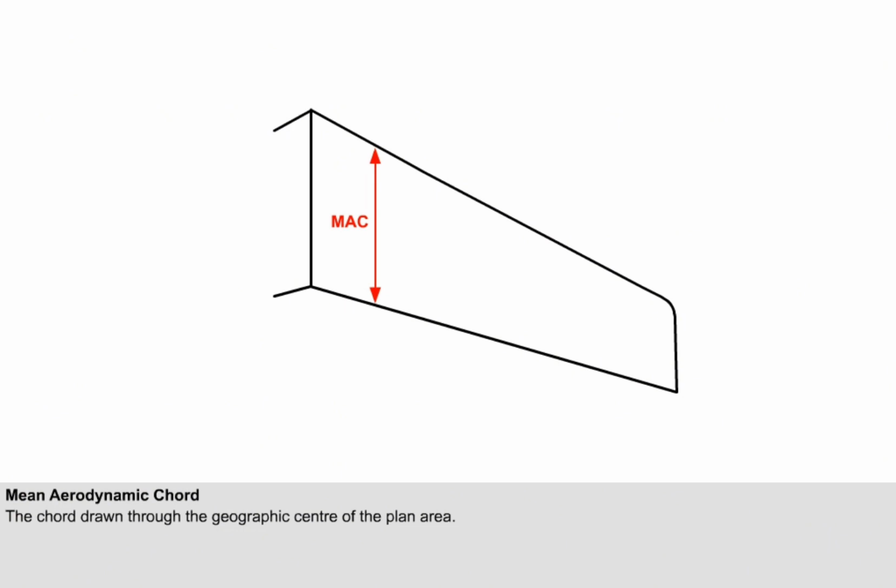It is located at the reference axis of the aircraft and is a primary reference for longitudinal stability considerations. A rectangular wing of this chord and the same span would have broadly similar pitching moment characteristics.